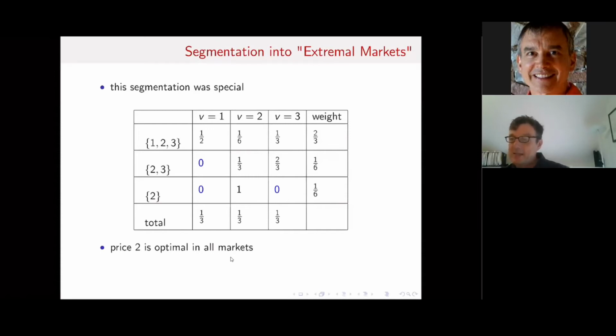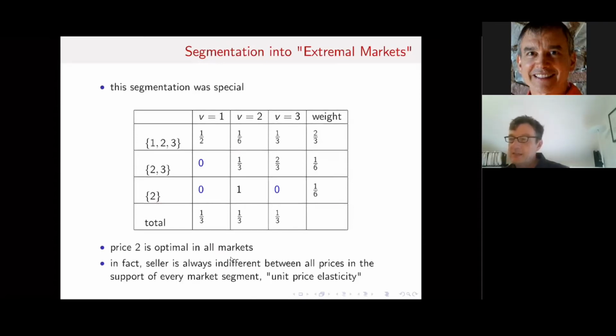So the seller is actually indifferent to charging any price in the support of the segmentation. Another way to say that is that these segments have a distribution so that the demand has unit price elasticity, where elasticity is our standard notion of demand elasticity, meaning that the seller is indifferent between charging any price that is in the support of the distribution.